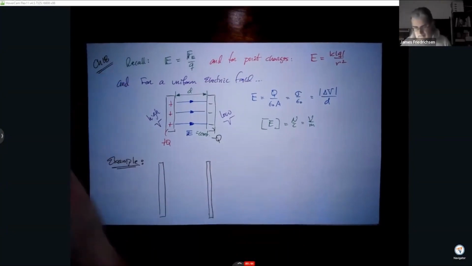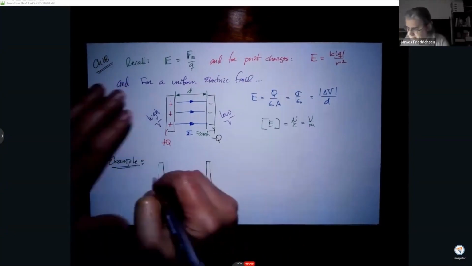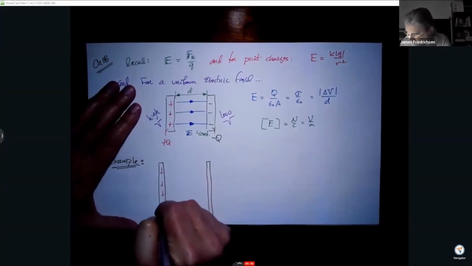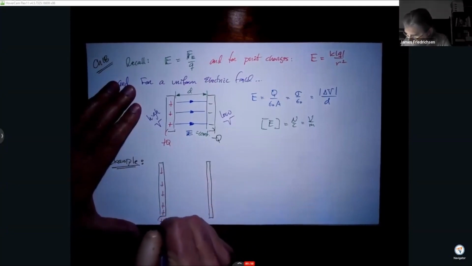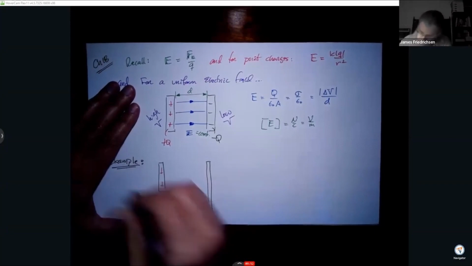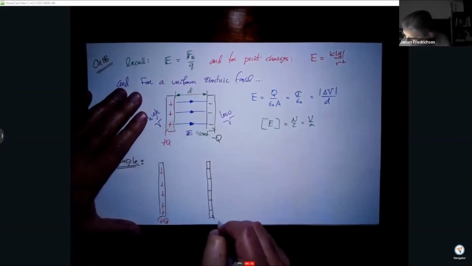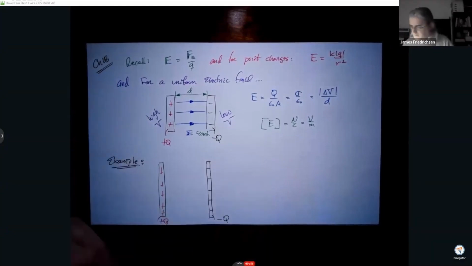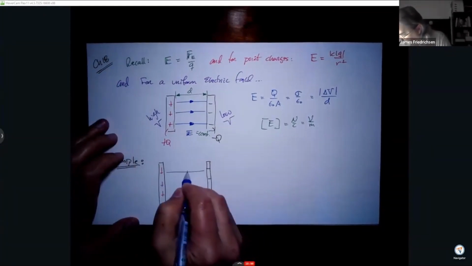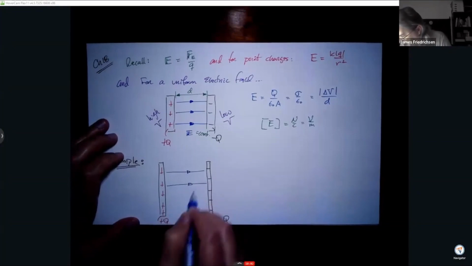All right, so we've got our parallel plates, with equal amounts of opposite charge on the plates. That creates our nice uniform electric field in between the plates.